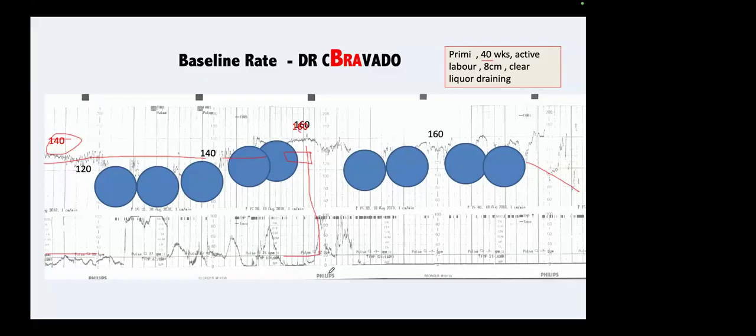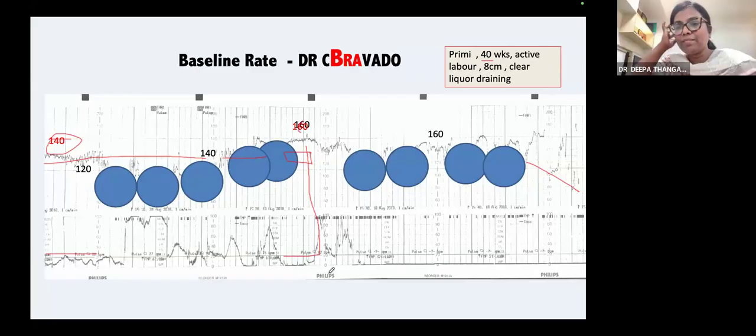The reason is the increase in the baseline heart rate, and it is not stable. Only in one or two places in the 40 minutes could I see a stable baseline. Stable baseline means we can see a 2 minute trace. That means the baby doesn't have a rest period to get the oxygenation back.